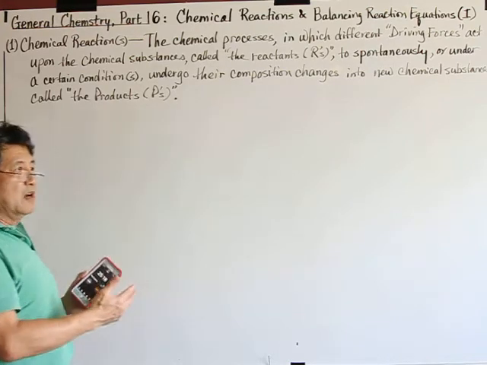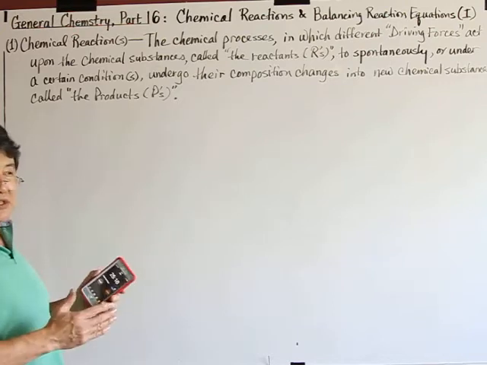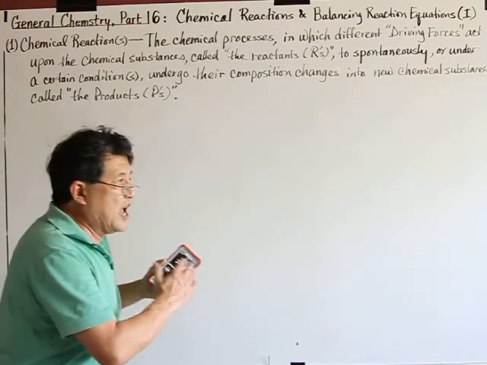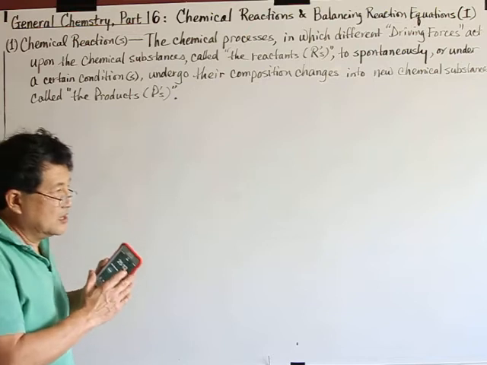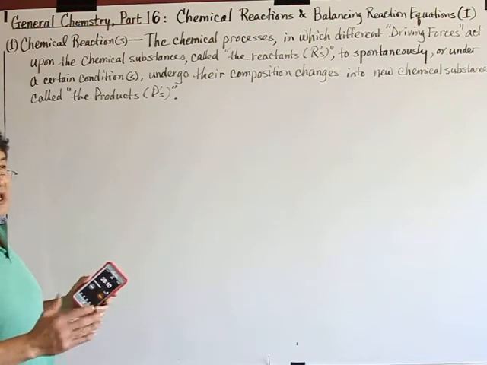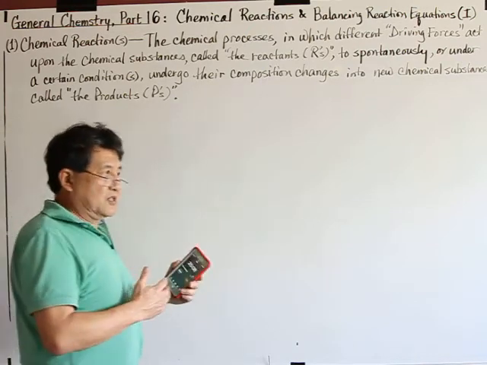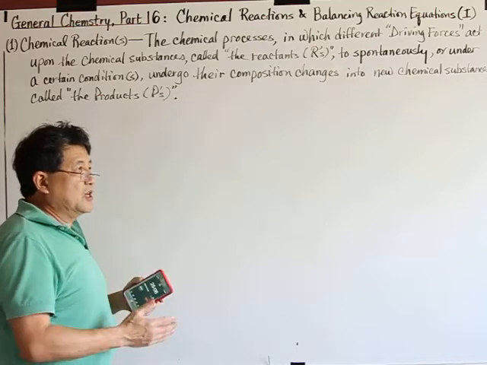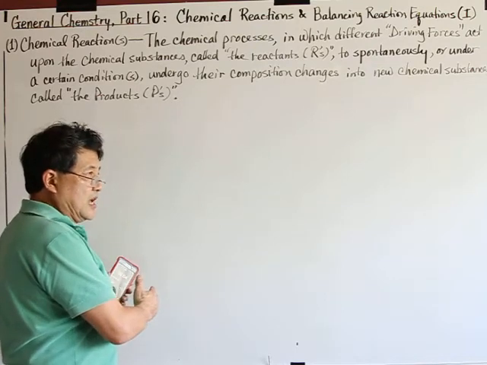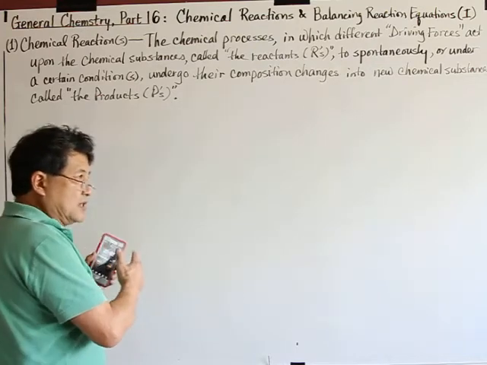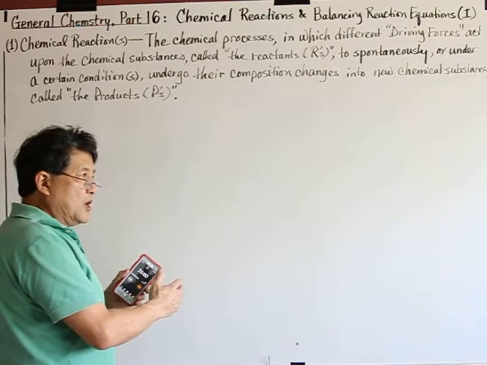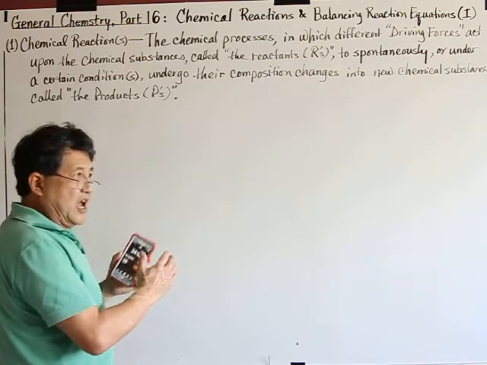The total number of atoms of different elements in the entire reaction process stays intact, it doesn't change, but they reorganize. So the reactants as chemical substances or chemical compounds no longer exist after the reaction.